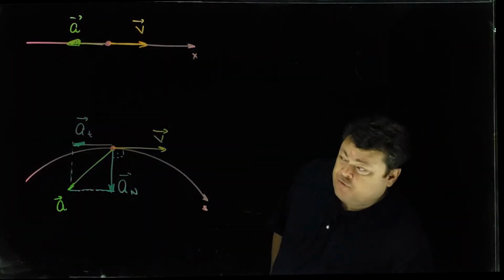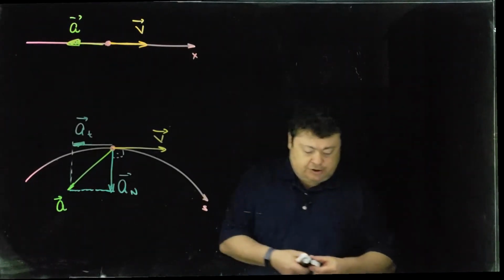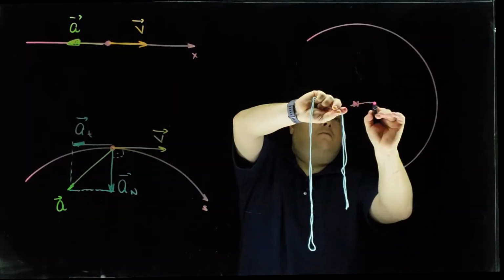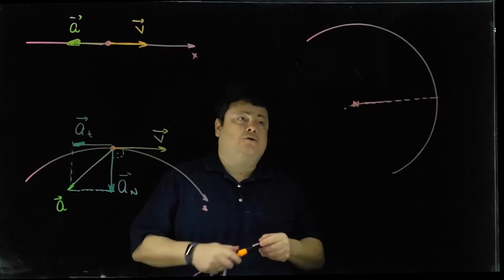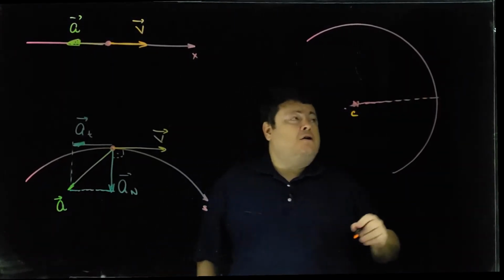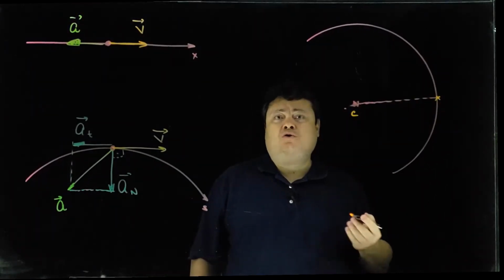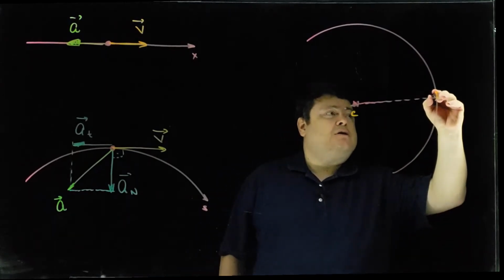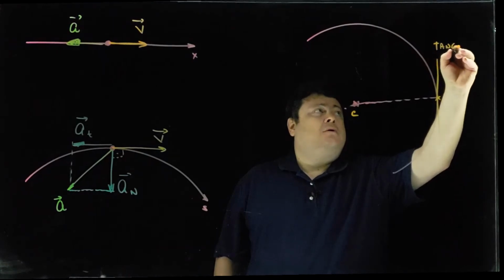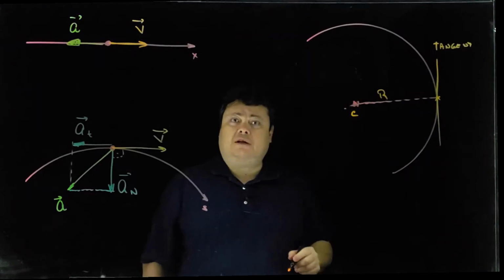And if we think about geometry, let me just help us out here quickly. This is a circular path. Here is the center of my path. In order to find the normal to a point, the first thing I need to do is draw the tangent line. And so here is the tangent line, which by definition is perpendicular to the radius of the curve in that point.